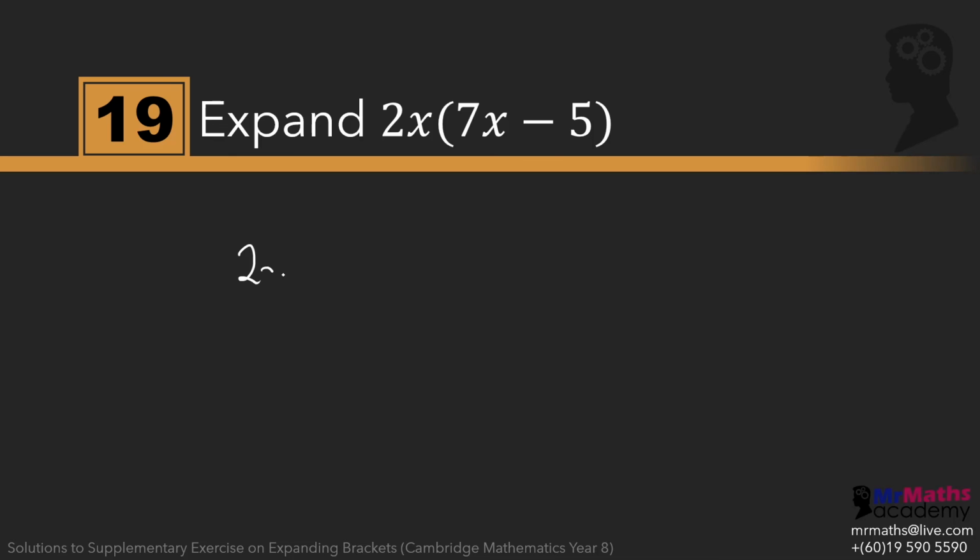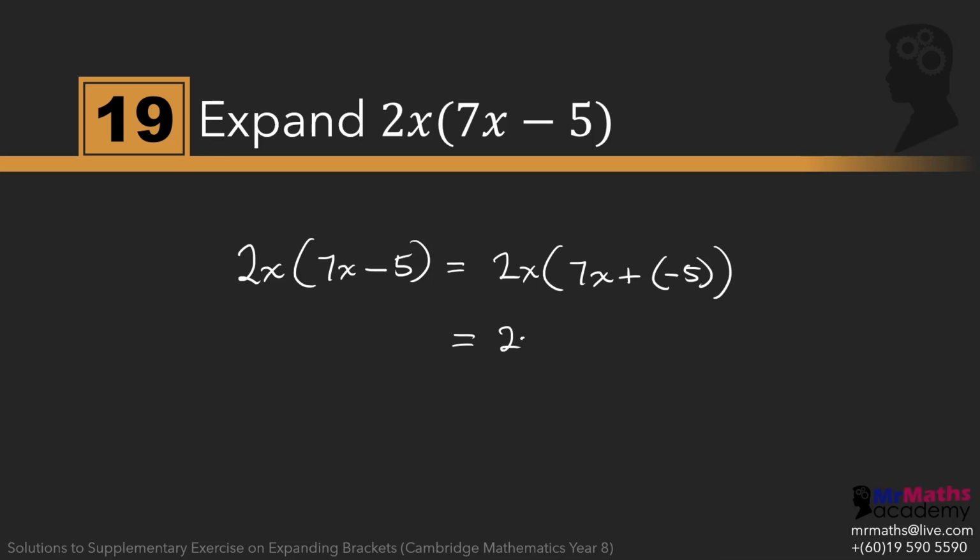Okay, 2x times 7x minus 5. I'm going to enclose minus 5 inside its own bracket. So that is 7x plus minus 5. So that is, again, 2x times 7x, plus 2x times minus 5.